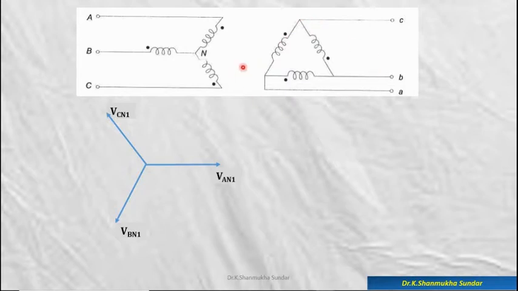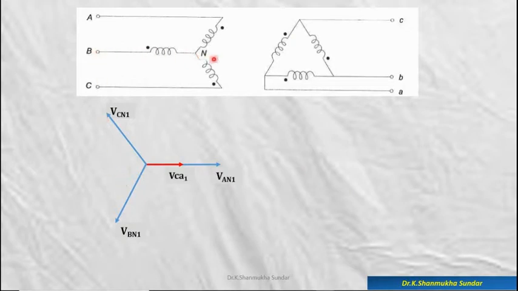You cannot read VAC because of the dot convention. So it is CA, isn't it? That means VCA is the phase voltage. So VCA is in phase with this voltage. Here you can see VCA1, which indicates the positive sequence component, is in phase with VAN1.